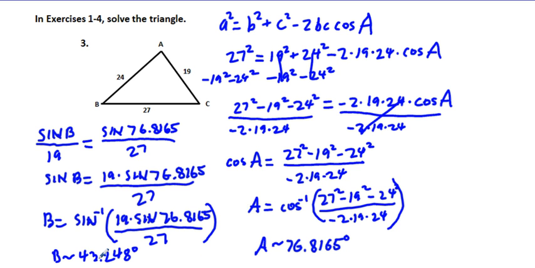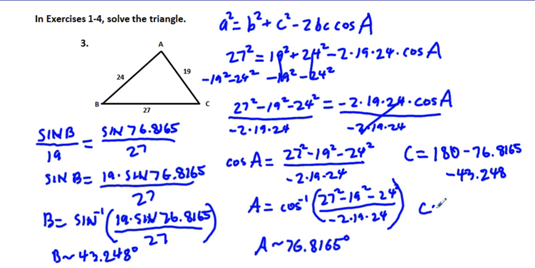So that's that. And the last thing we have to do is find angle C. Well, angle C is going to be equal to 180 minus 76.8165 minus 43.248 degrees.